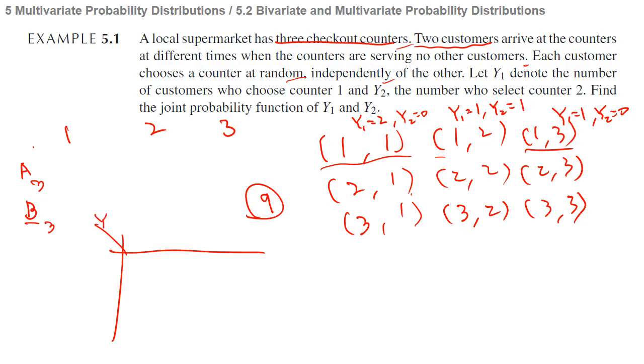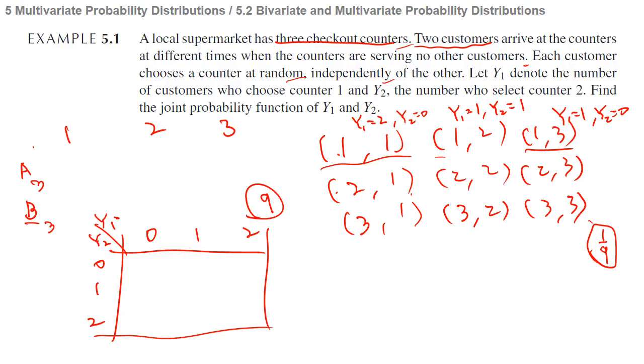So here, this part is y1 equals 0, 1, 2, and this part is for y2 equals 0, 1, 2, and each are equally likely. So all the events here are equally likely. The probability for each event is 1 over 9.